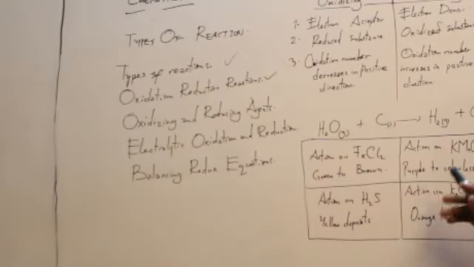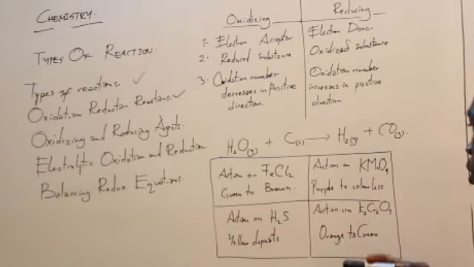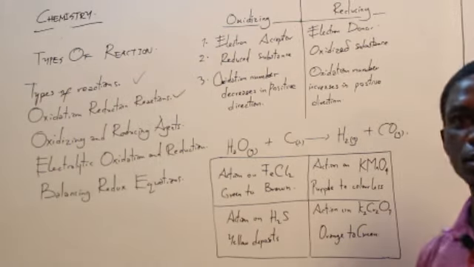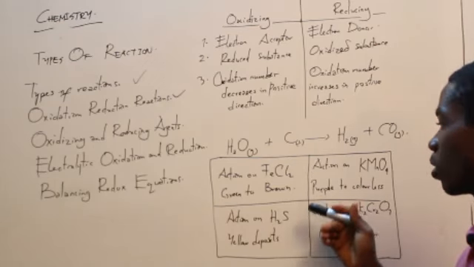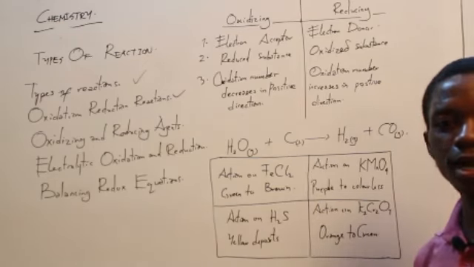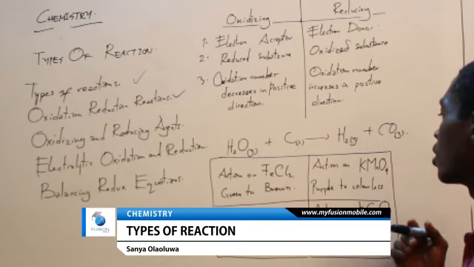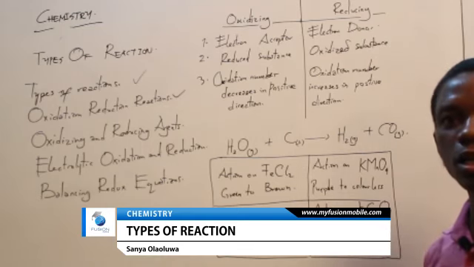We observe that the manganese changes from the state of +7 to +2. The +7 state of manganese is purple in color, while the +2 state is actually colorless.